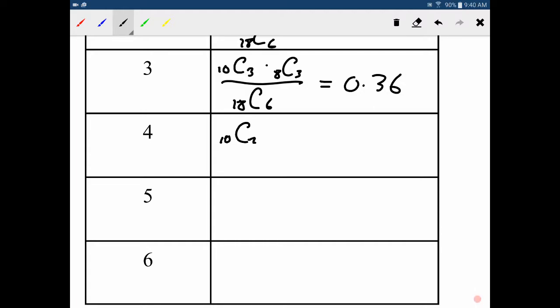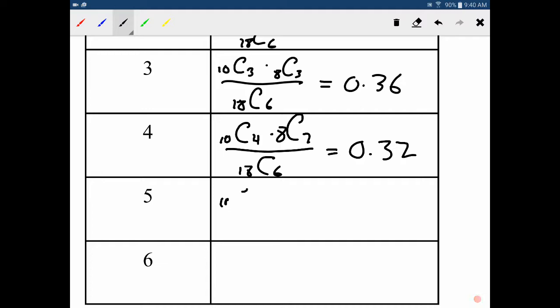Then 10 choose 4 times 8 choose 4 over 18 choose 6, which will give us 0.32. 10 choose 5 times 8 choose 1 over 18 choose 6, which will give us 0.11.